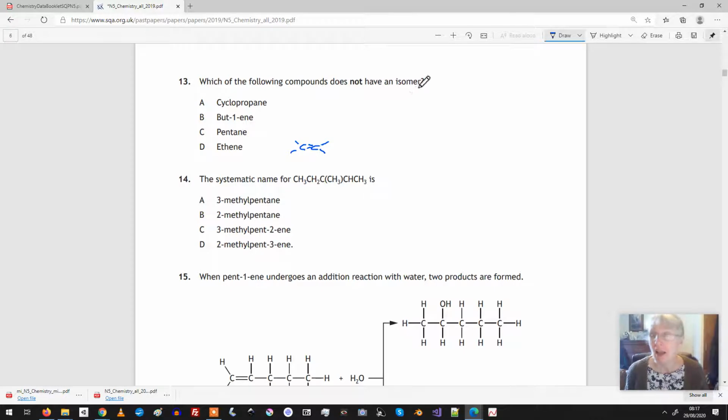And isomer means that it's got the same formula but a different structure. And that's just too small to have the same formula and a different structure. But if you have a look at these other ones, you'll see that they do have isomers.